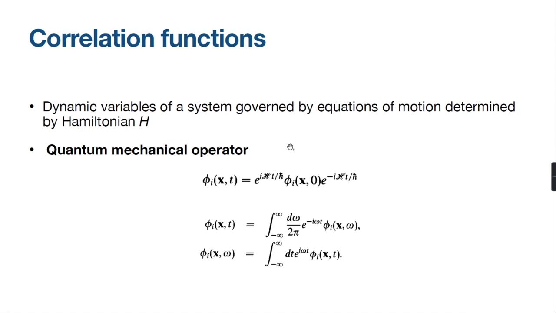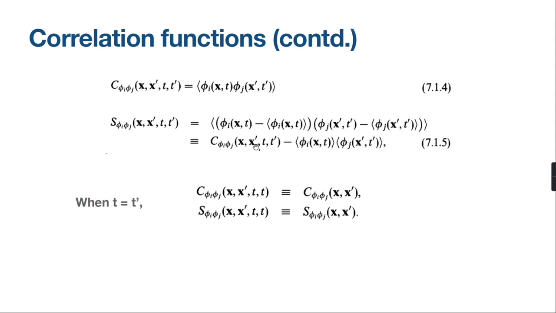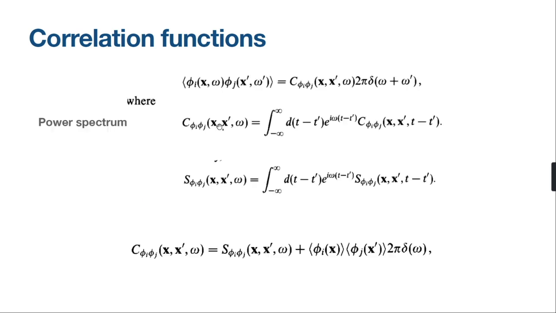Because of that, we can have our C phi_i phi_j and S phi_i phi_j only depend on the time difference between t dash and t, and not on t and t dash separately.